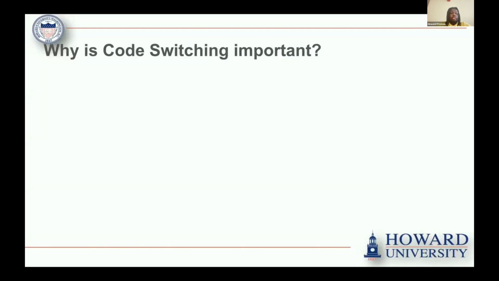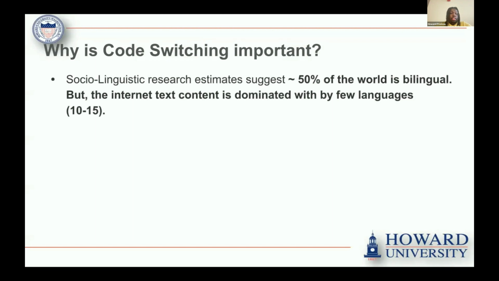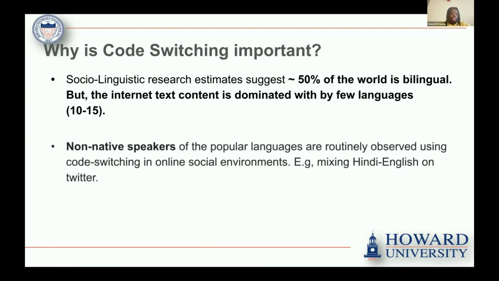And why is code switching important? Sociolinguistic research suggests that 50% of the world is bilingual, but internet text content is dominated by a few languages. Non-native speakers of popular languages are routinely observed using code switching in online social environments.